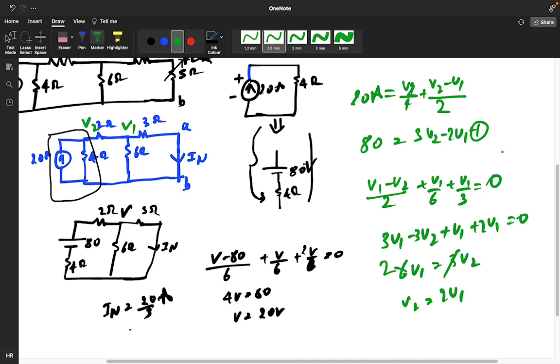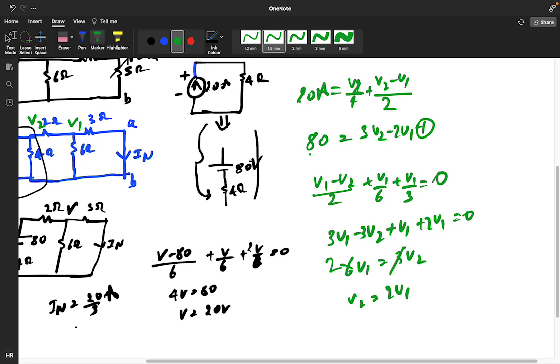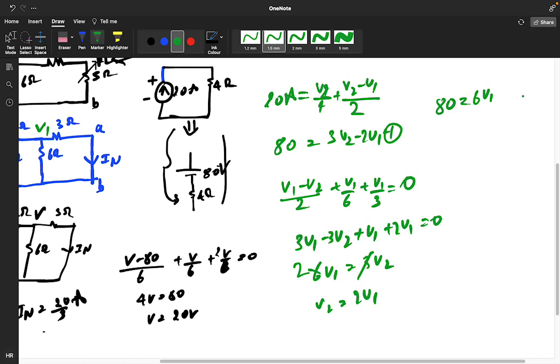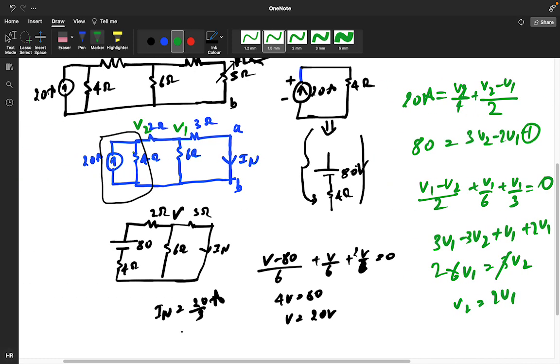Okay, put the value in the first equation. 80 equals 3V2 minus 2V1, with V2 as 2V1, so we get 6V1 minus 2V1, which will be 4V1 only. So the V1 value you will get is 20. So if V1 is 20, then 20 divided by 3, you are getting the IN value the same.